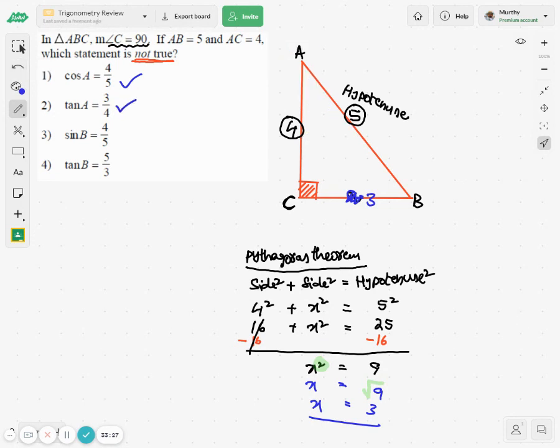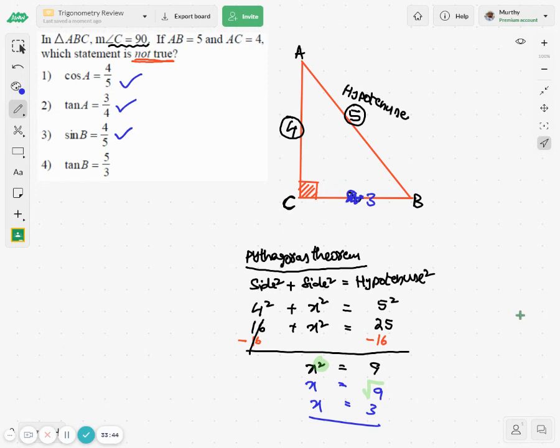I see that this is right. Sin B: sin is opposite over hypotenuse, SOH. Opposite is 4 units, hypotenuse is 5. So 4 over 5, yes it is.